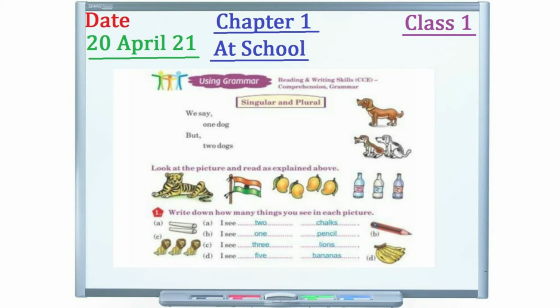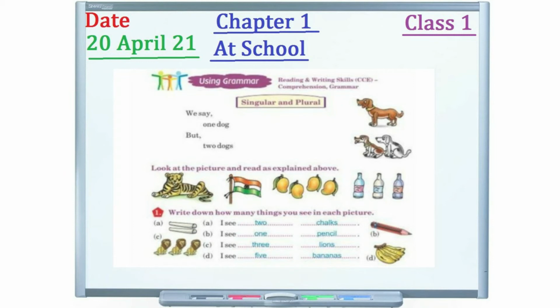Look at the picture and read as explained above. One tiger, one flag, 4 mangoes and 3 bottles. Here is exercise. Write down how many things you see in each picture.